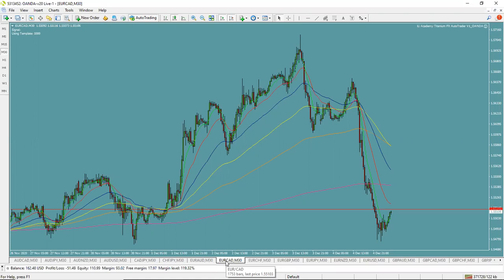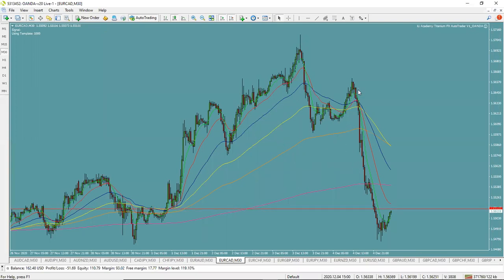Now, as far as the Euro CAD, we see that we're trading below our 720 here. It seems like a nice little move there, a bunch of red candles coming on down, but our moving averages primarily are above the 720. So my idea here is that we may return to this previous trend that was above the 720.